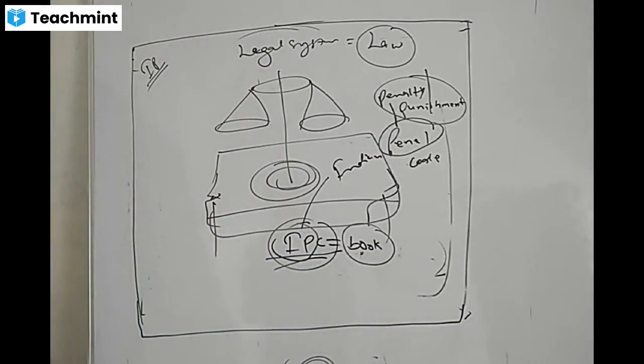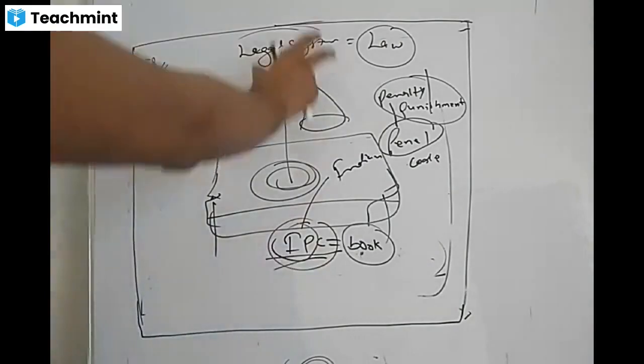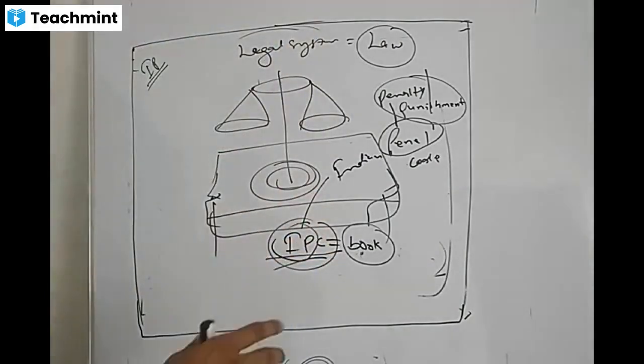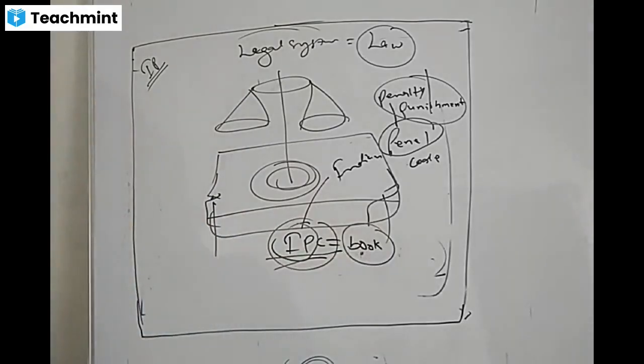According to those Indian Pharmacopoeia standards, the company will manufacture and will sell the drug. So similar to that IP Indian Pharmacopoeia book, in this legal system, in this jurisprudence system, we have a book, the name is IPC. That is your Indian Penal Code.